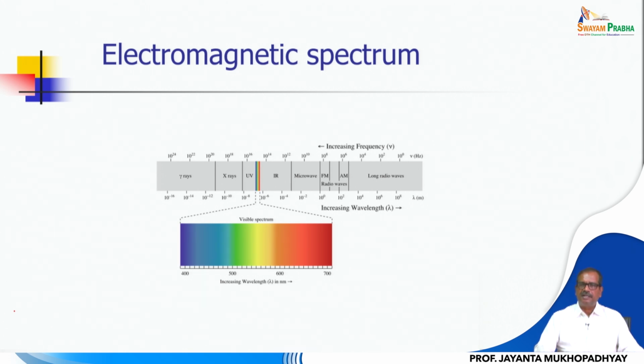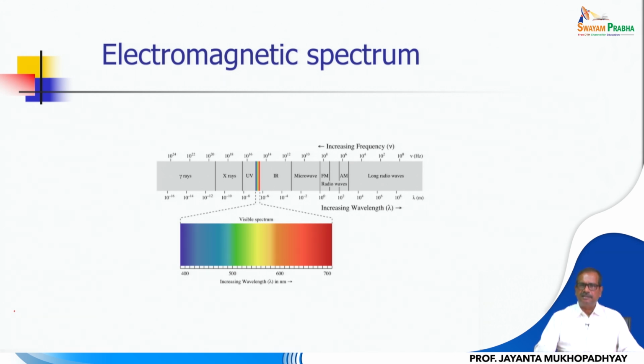And optical lights are electromagnetic radiations, with a particular wavelength range, and each wavelength is attributed to a particular color sensation.